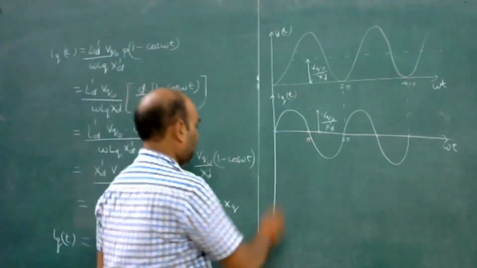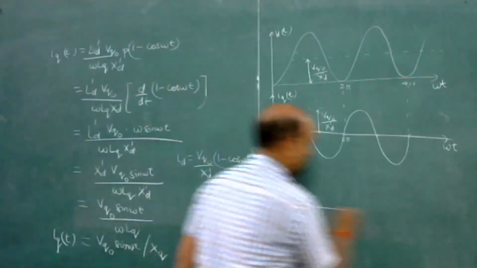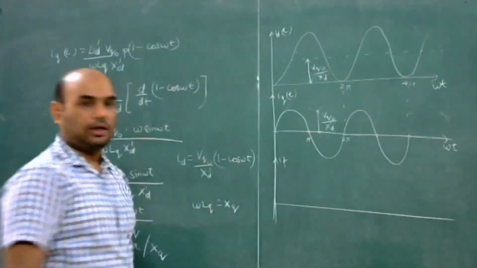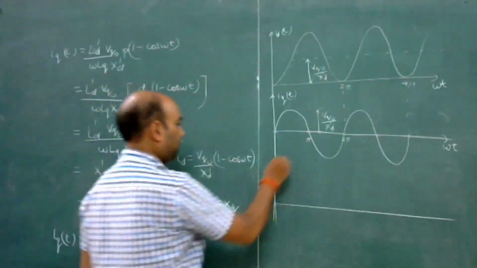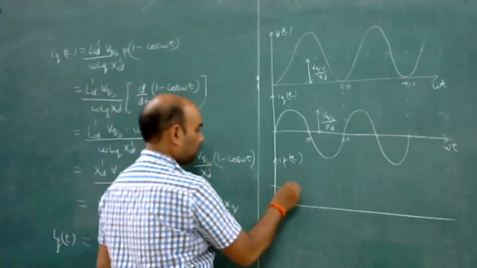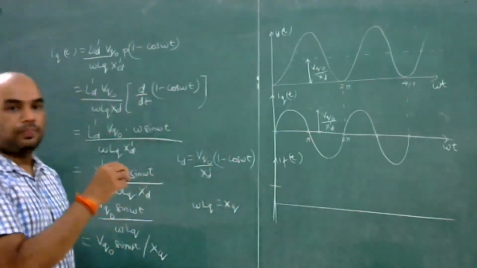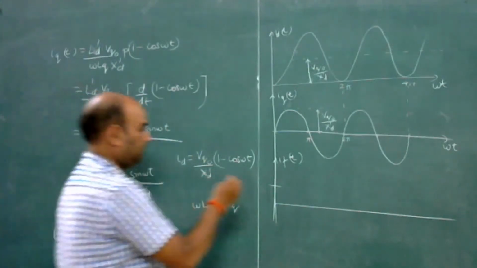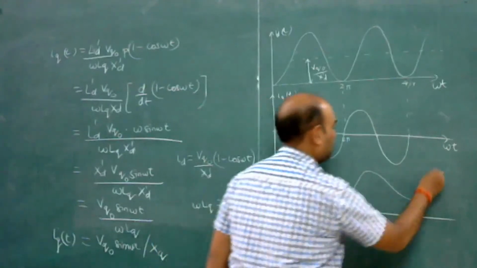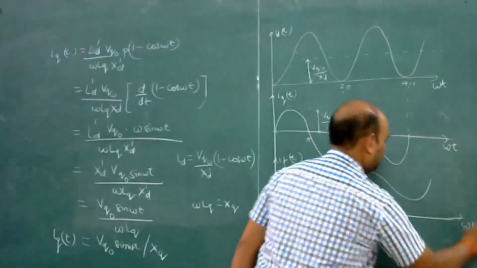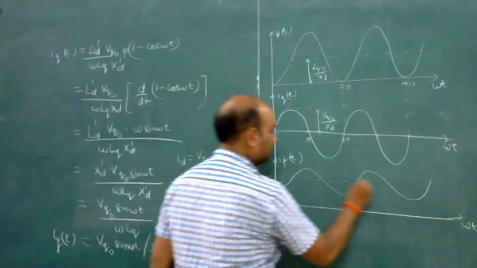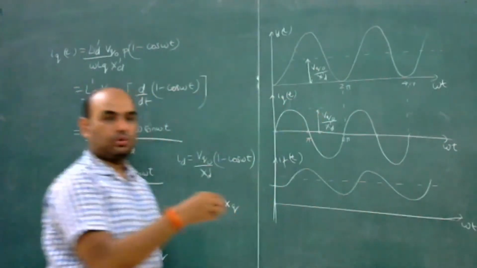Okay, and we also draw the field current, the transient field current IF(t). So this will start from here. We will derive the values of IF later.